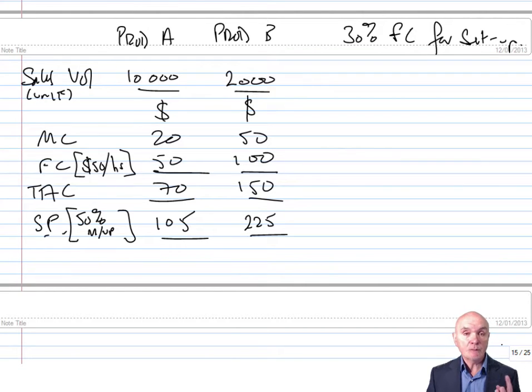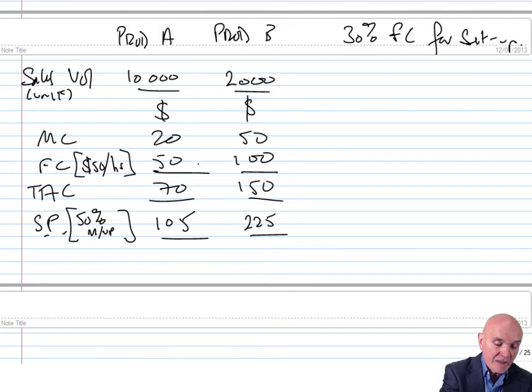So product A takes 1 hour on the machines or in the factory, so going to cost us 50, and product B is presumably costing us 2 hours of machine time, so it's going to be charged fixed costs, the fixed overhead absorption rate at 50 per hour. It's going to be charged for 2 hours. So just remember, this is like 1 hour in here, and this is like 2 hours here.